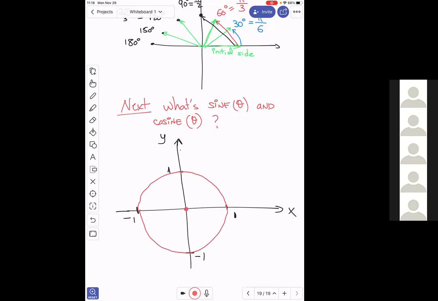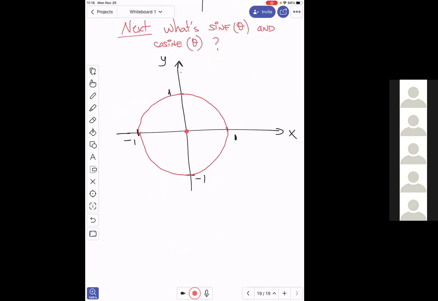Okay, and the center of this circle is, of course, the origin. So this is the unit circle because the radius of this circle, the distance from the center of the circle to 1 here, is just 1 unit. So that's why it's called the unit circle. This is your radius, right?